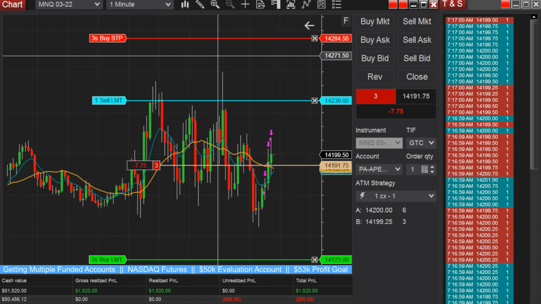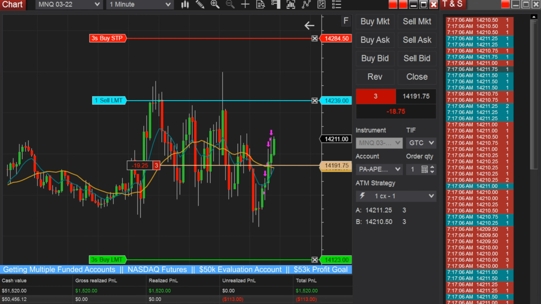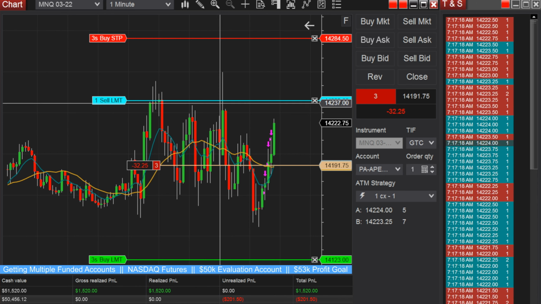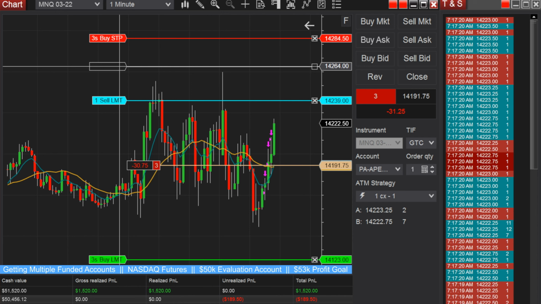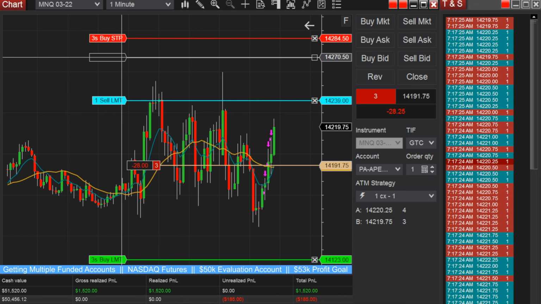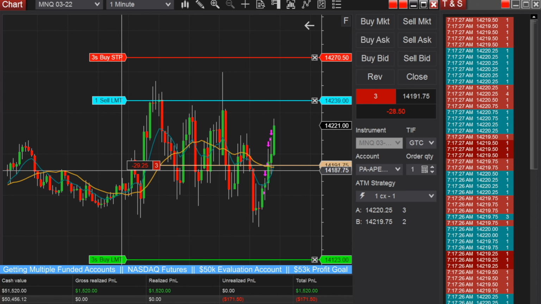And my mistake here is that I got on way too early. I should be in 1 contract right here with a couple more at the top of this range. And especially now I'm going to have to probably incur about $500-600 in drawdown if it goes up to my stop. But I don't think it should go higher than that. I might adjust my stop and my entries, enter more as time goes, but kind of just figuring out my plan and adjusting it slightly according to what I'm seeing on the charts.